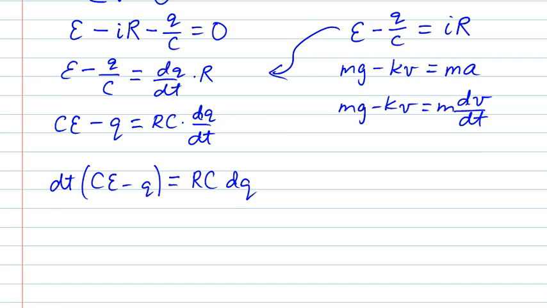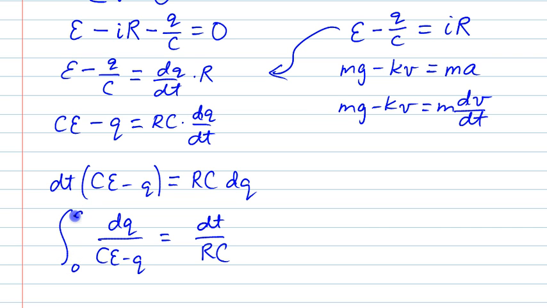And of course we need to have the Q's on the same side. So we're going to have dQ over CE minus Q is equal to dt over RC. And again, we're going to integrate from 0 to Q prime and from 0 to T prime.